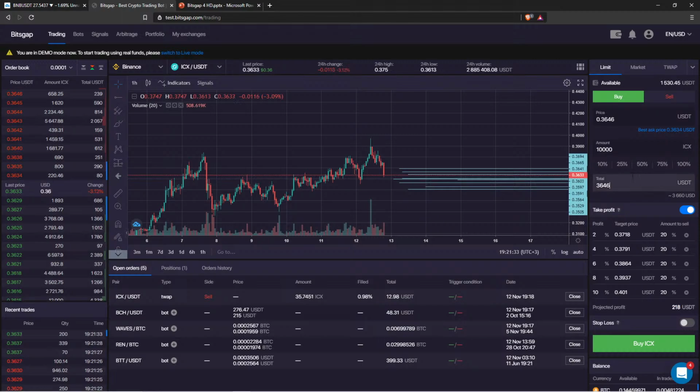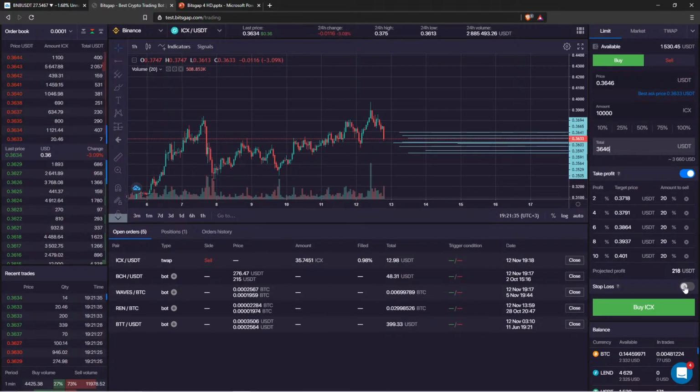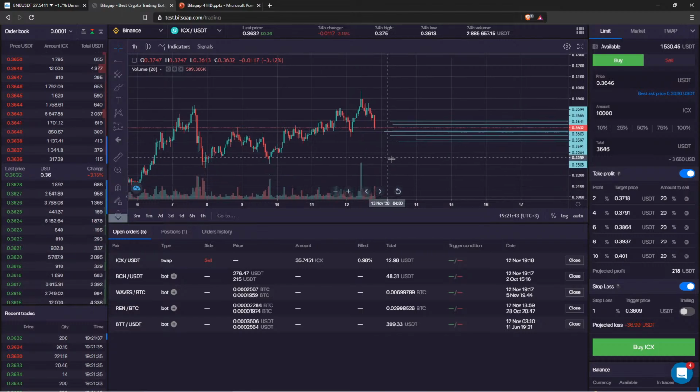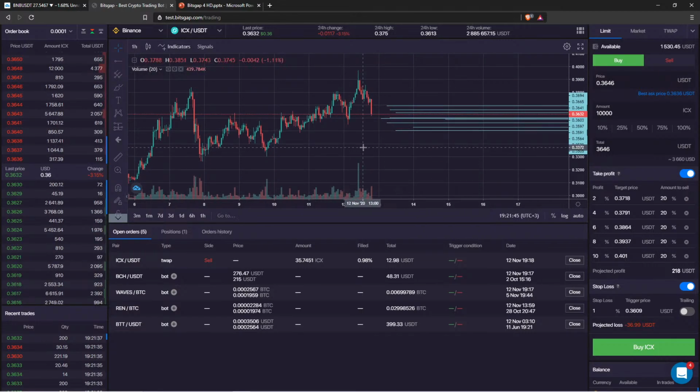So yeah, you can also plot the stop loss, and it will provide you with the projected loss in this case, because the stop loss is the order to minimize your potential loss. That's basically the bottom line of your possible loss if you have your stop loss order enabled.